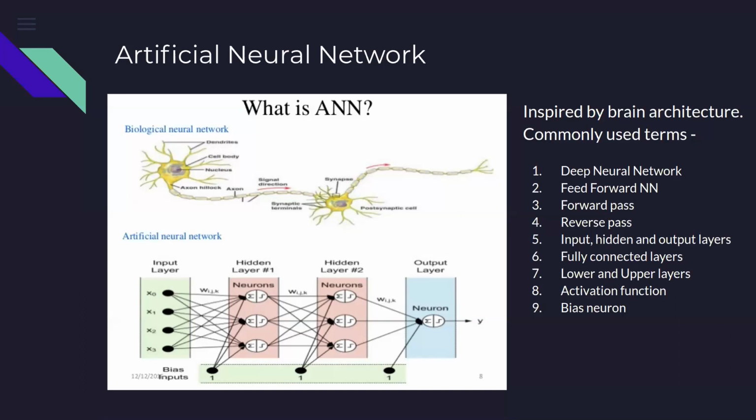So, for a quick recap, deep learning is one of the types of machine learning. The differentiating factor here is that deep learning runs on the neural network. What is a neural network?